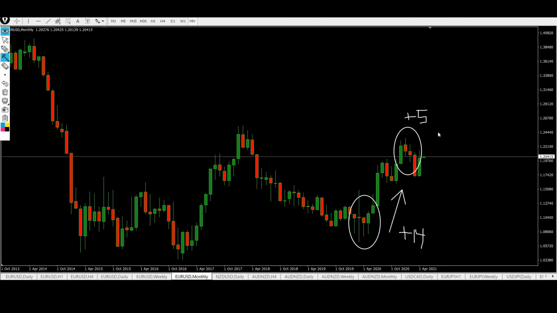So in order to get the true future short strength of this pivot right here, we have to deduct 14 from 5, which gives us a -9.